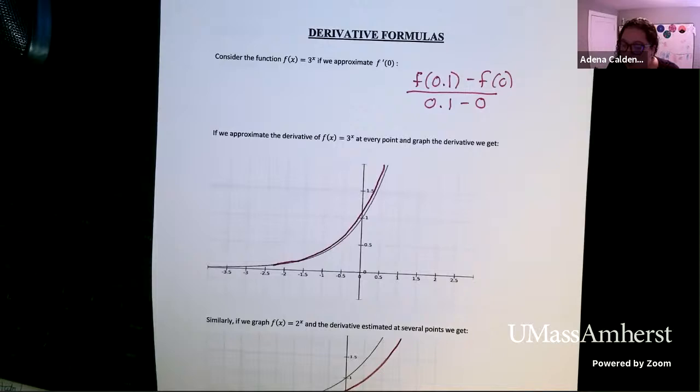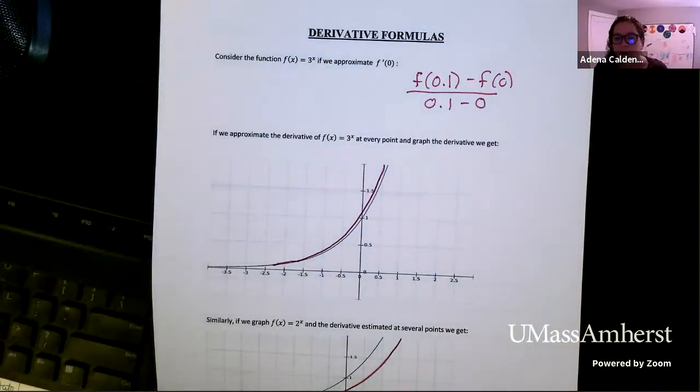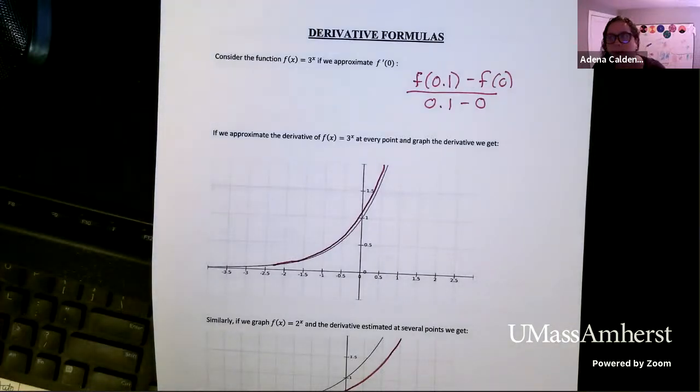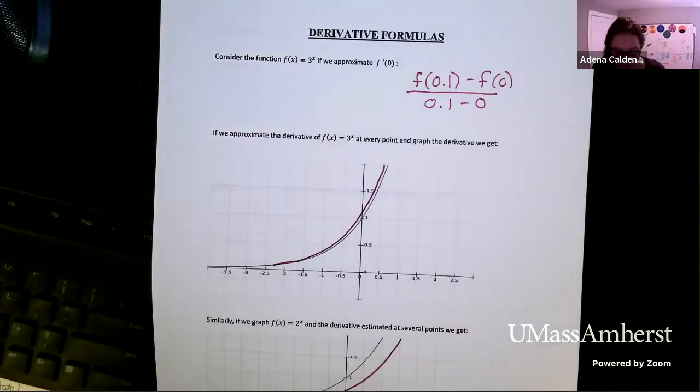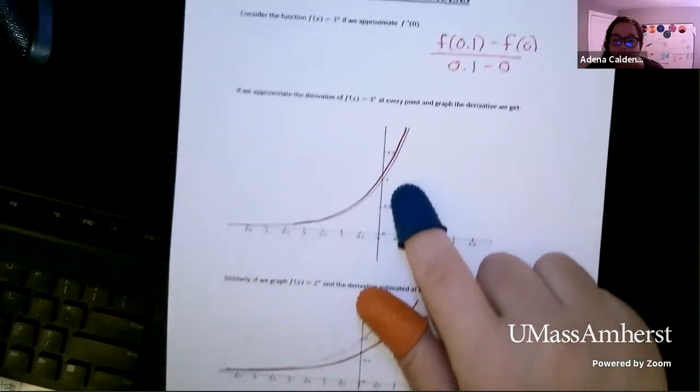And so we are not going to be doing that as part of what we're doing today. This is more to showcase the fact that if we were to do this for every point for 3 to the x, if we were to approximate the derivative at 0, and then approximate the derivative at 1, and then approximate the derivative at 2, so on and so forth, and we were to draw those, this is what the graph is going to look like.